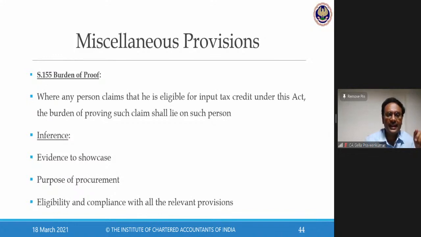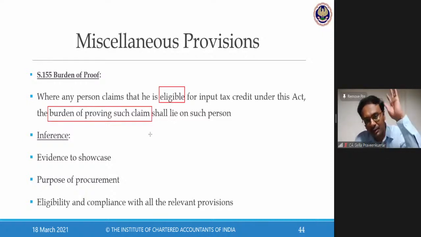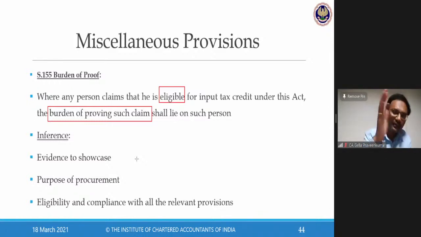So the provision says, wherever you say, I'm eligible for input tax credit, then the burden of proving such claim is on you. How? Why? When I claimed input tax credit, when the audit party has come, I don't have the original bill.